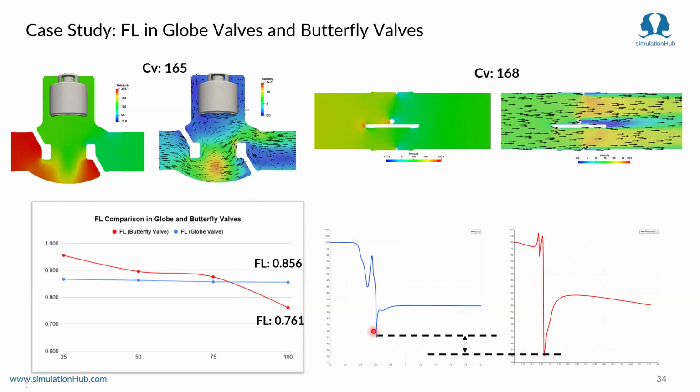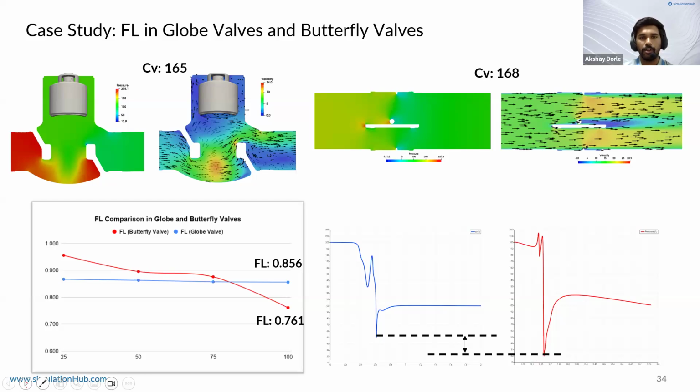So we can also conclude in this case study that at lower openings, a butterfly valve may be safer, but at higher openings, particularly at the fully open condition, a butterfly valve is more prone to cavitate as compared to a globe valve.